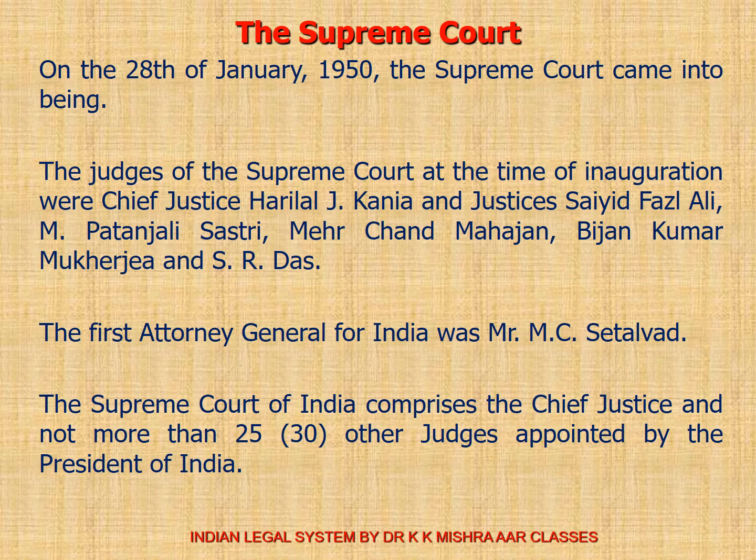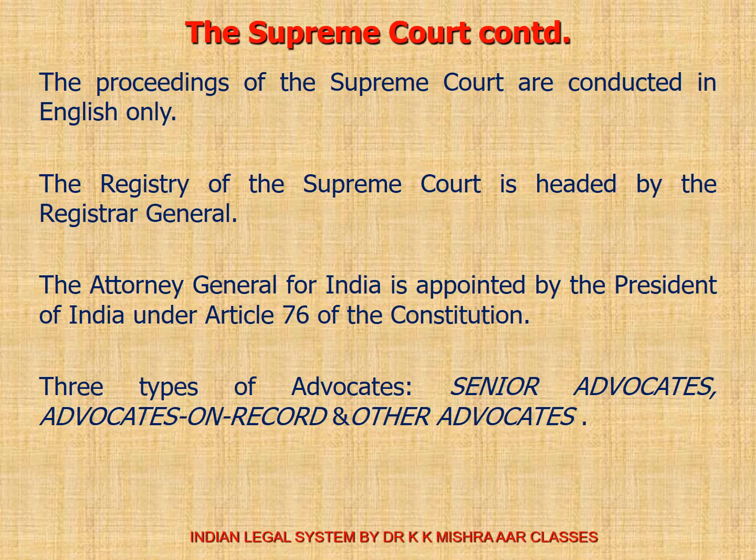The Supreme Court of India comprises the Chief Justice and not more than 25 or even 30 other judges appointed by the President of India. Let me tell you here that the current strength of the Supreme Court has been extended from 30 to 34 as per the recent amendment of Parliament. The proceedings of the Supreme Court are conducted in English only.